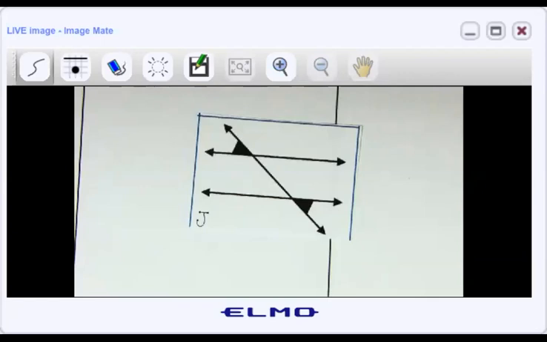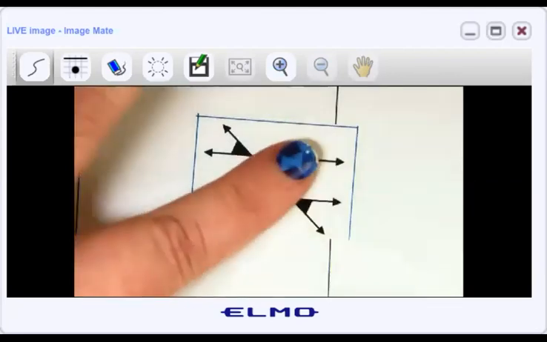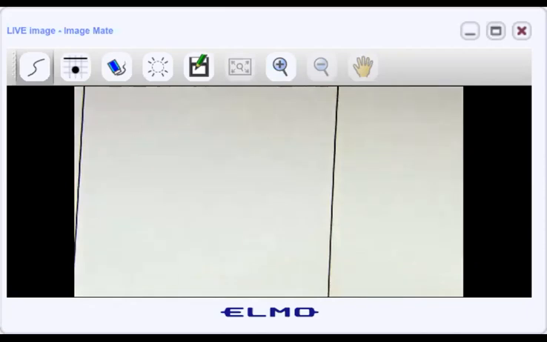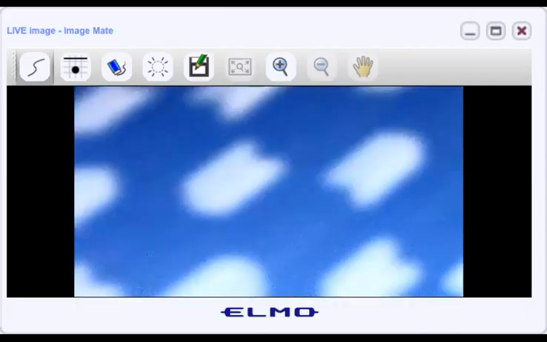Oh, there we go. Exterior, yes. They are exterior, and now you just need the first word. So are they same side or alternate? Yeah, so put it together, we get alternate exterior. Good. All right, let me stick that where it goes. Alternate exterior. Woo.